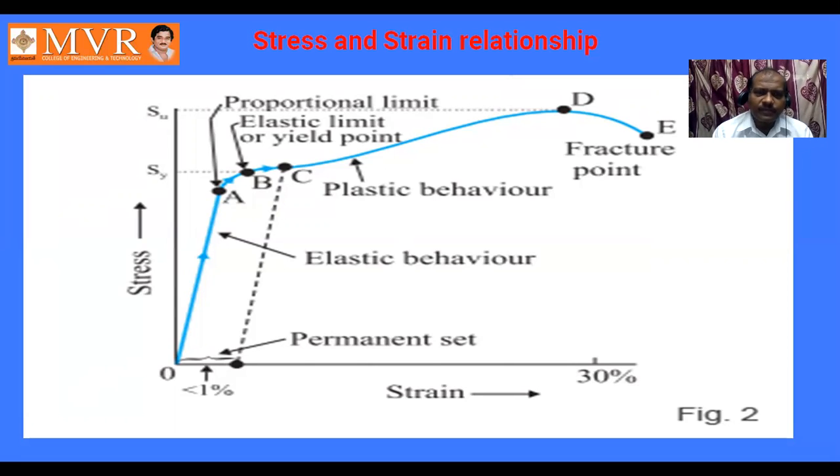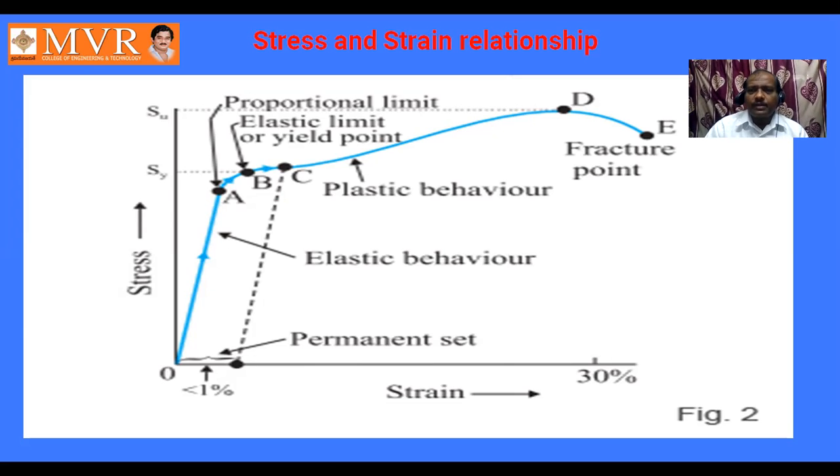From A to O, we call it elastic behavior. Permanent set means beyond B, if you apply load, there will be a permanent change in the characteristics of the material. Then that is called a permanent set.